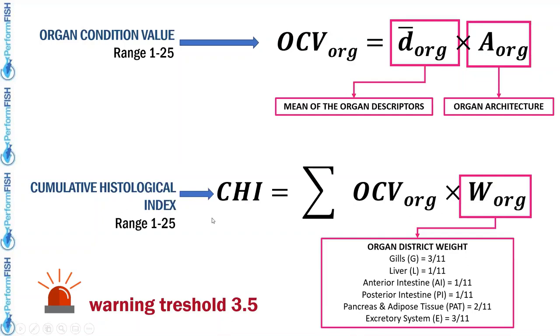Values below 3.5 are indicative of perfect condition of the fish, for both species, gilthead sea bream and sea bass.